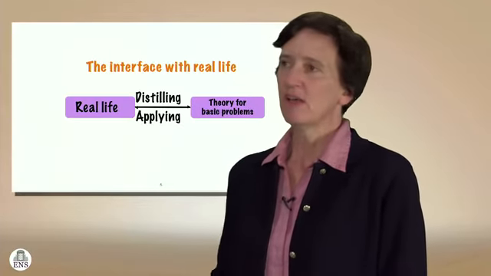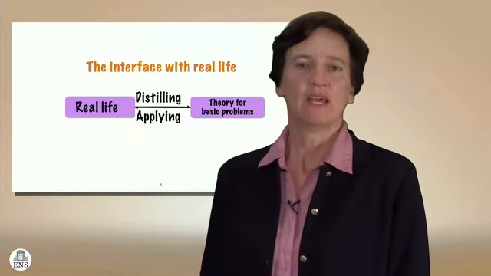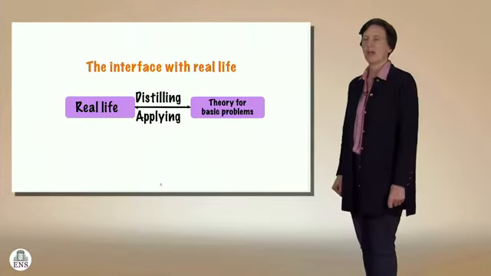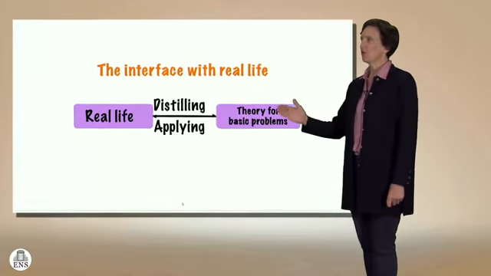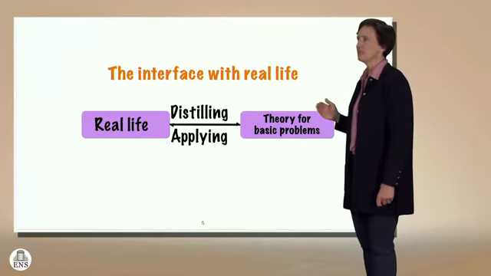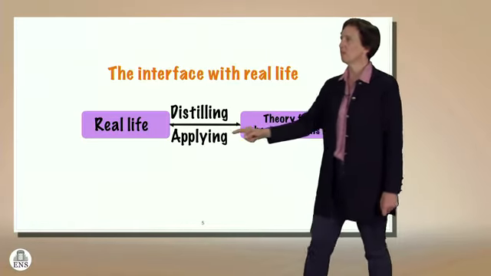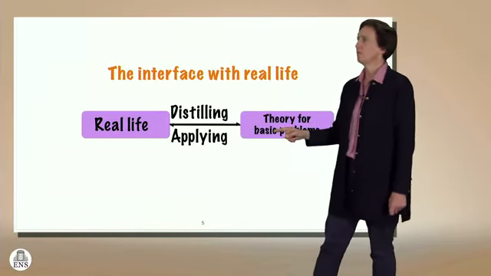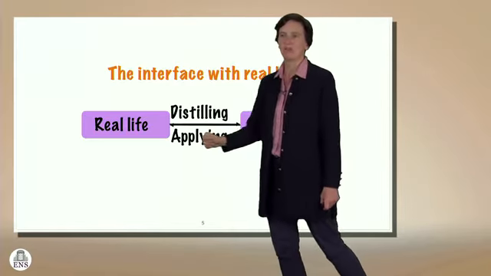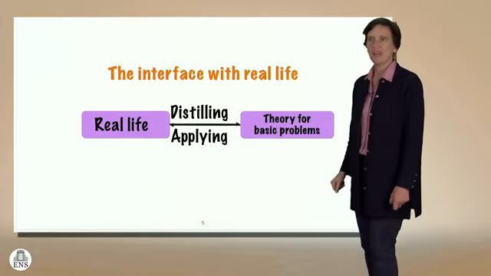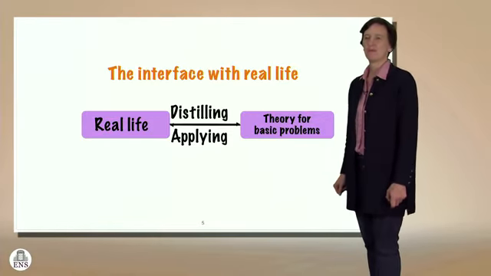Then, we have to go back to real life and apply that theory to the real-life situation. In this course, I will focus on the theory for basic problems. I will not talk about going back and forth between real life and theory and back to real life. I will be focused solely on the theory of approximation algorithms for basic problems.